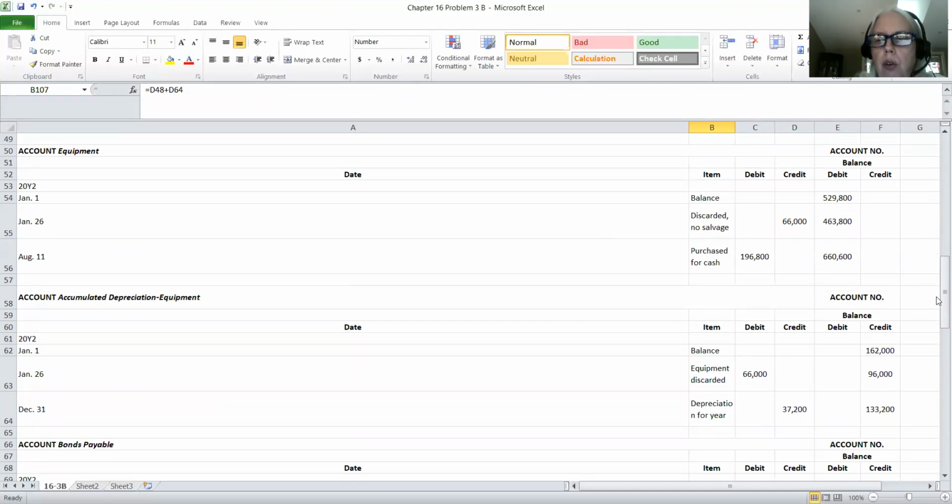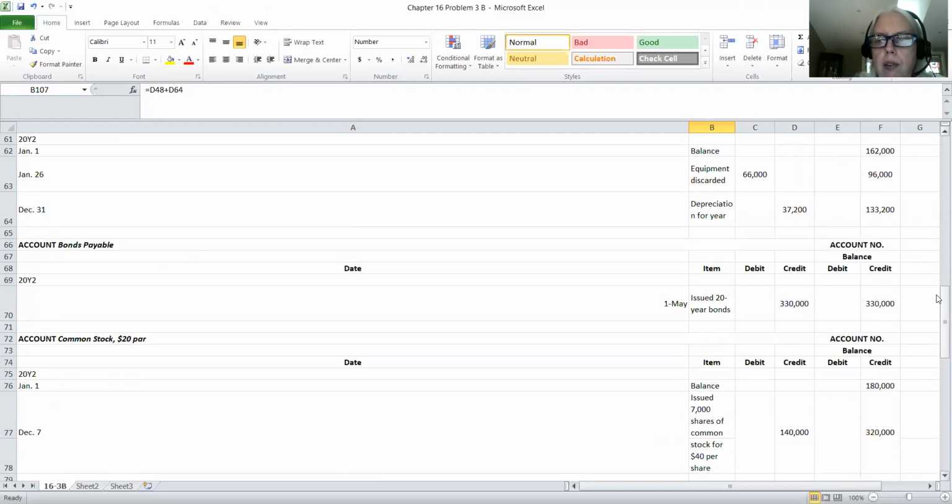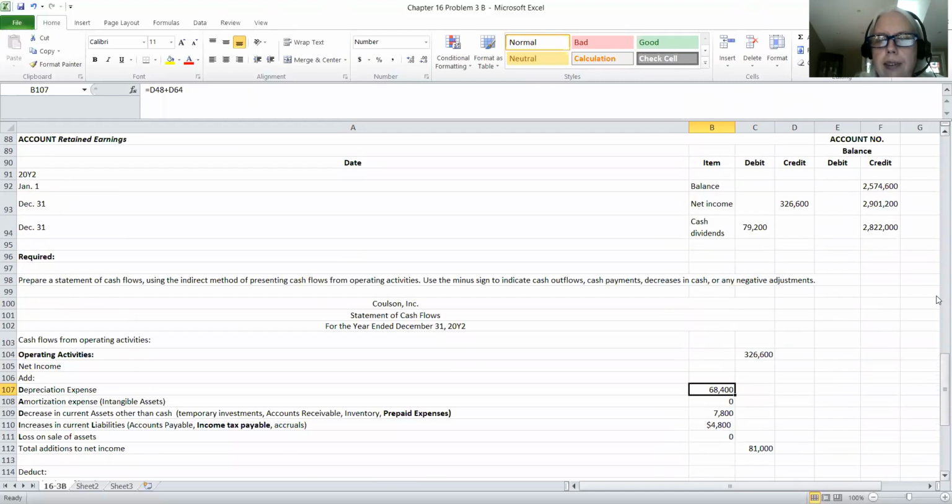Both of those depreciation expenses would be combined together to get this 68,400. So we actually had some depreciation expense that would have been recorded on both of those assets. And so you figure out what's on cell D48 and add to it what was on cell D64, and that's how we come up with the depreciation amount.